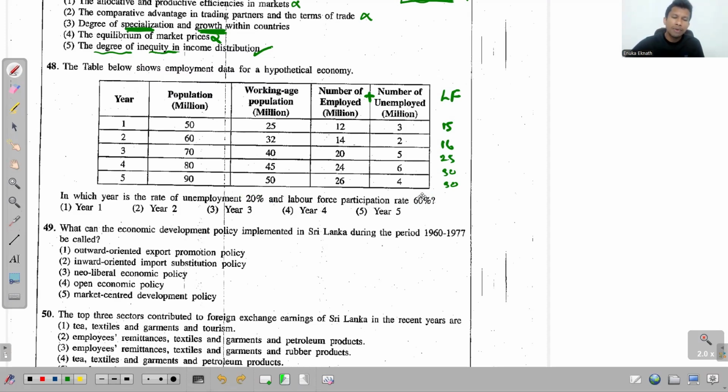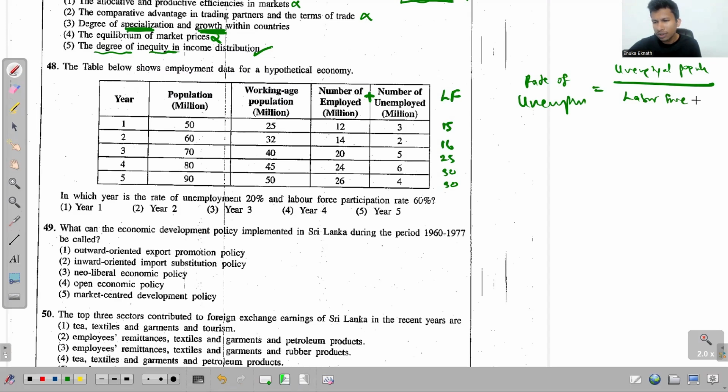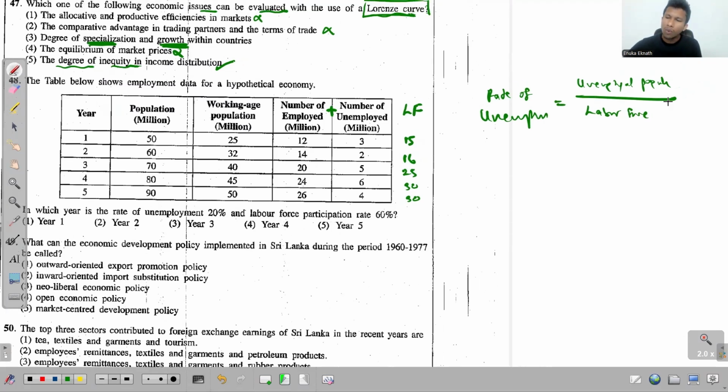So how do we find this unemployment rate? It is calculated using this simple equation. We write unemployed population over labor force into 100, and we will put the values related to year 1.